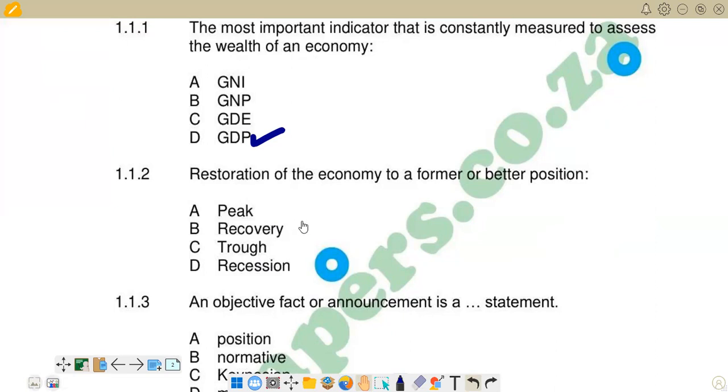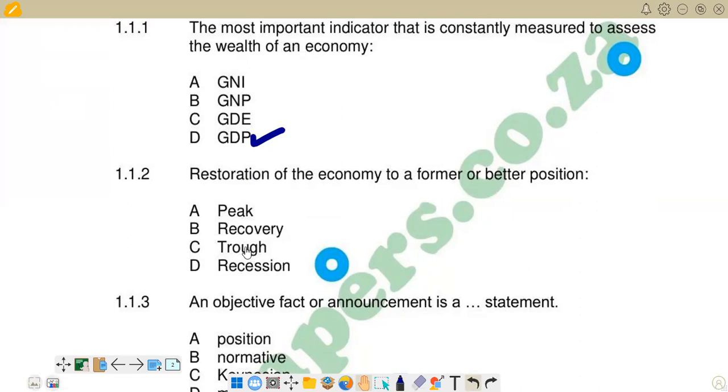Then the recovery, that's when the economy is starting to improve, or we have an upward shift in the level of production of goods and services, so economic activity is now increasing. This is the most appropriate according to the explanation of restoration of the economy to a former or a better position.